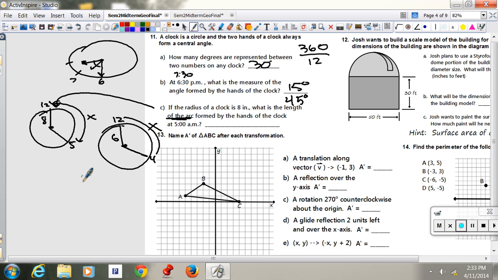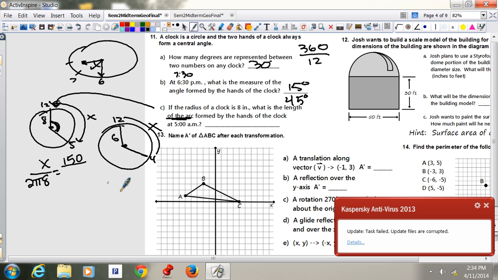We're going to use our part over whole equals part over whole formula. So it's going to be the part x over the whole circumference, that would be 2 times pi times 8, equals the part of the degrees. How many degrees is it from 12 to 5? Remember, each number is 30 degrees. 150. There's 5 30s. So this is 150 over 360, the whole amount.